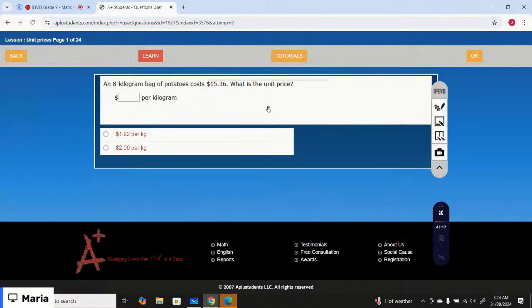The correct option is $1.92 per kg. Option number 1 is the correct option, right?